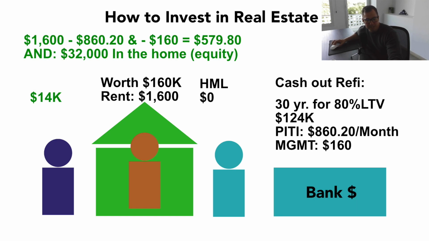If you do the full process, this is essentially what is called the BRRRR method. If you do the full BRRRR method, though, you get more than $40,000 technically. You get $32,000 in home equity, and you get the $14,000 outside. Like you could spend that. You could do whatever you want. All of that, so far at least, is tax-free, and you get the rental income, the net rental income of almost $580 a month.